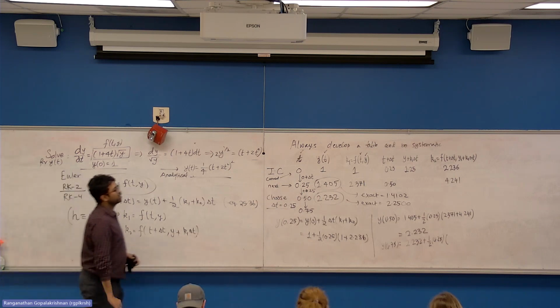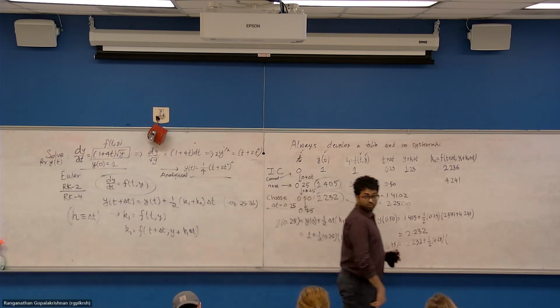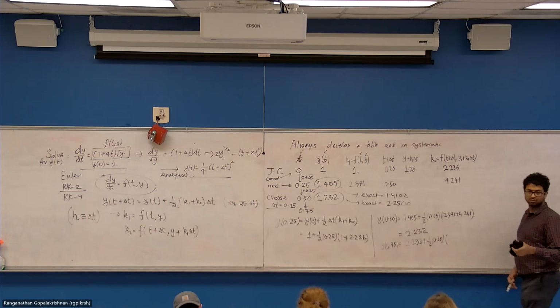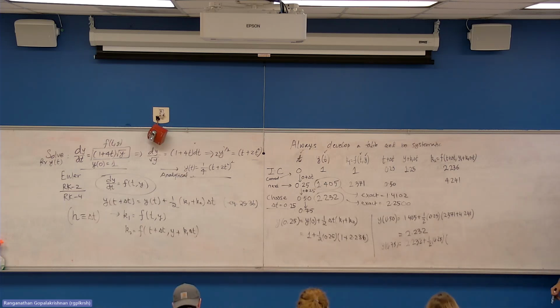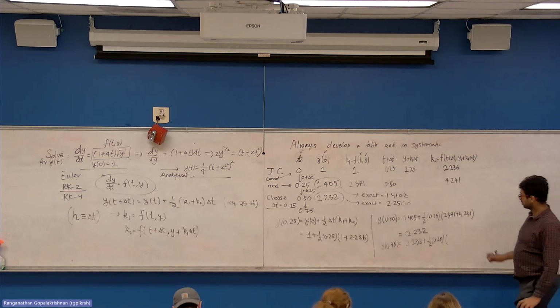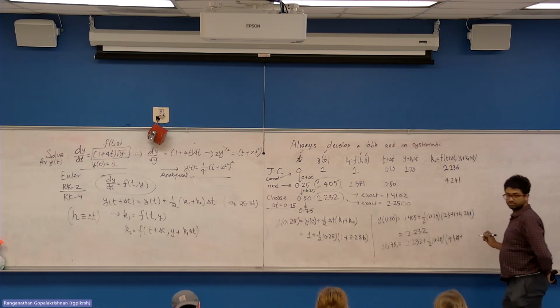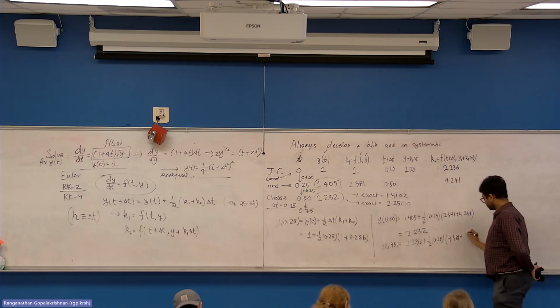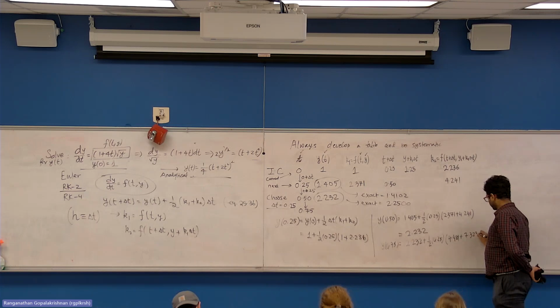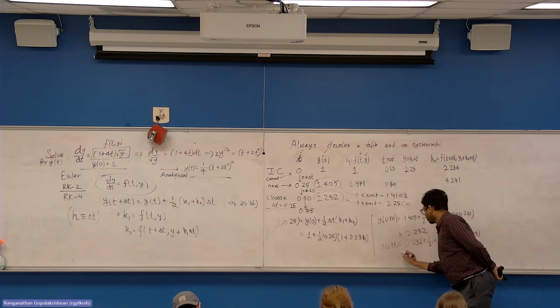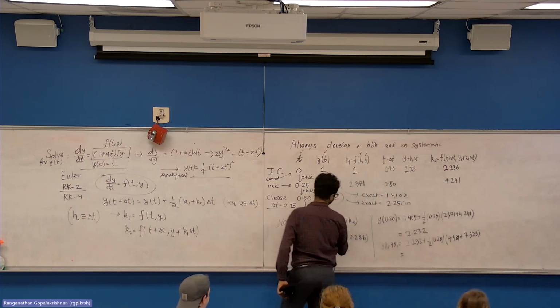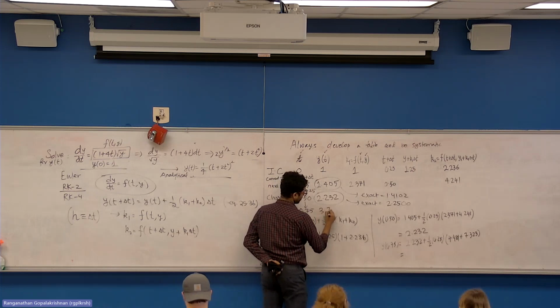Anybody has K1, K2? Yeah, for K1, I got 4.481, and then for K2, I got 7.323. And what is the value of y at 0.75? 3.706.